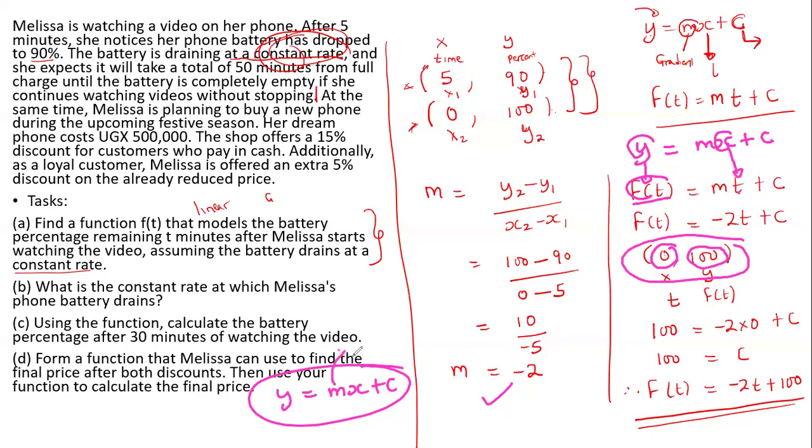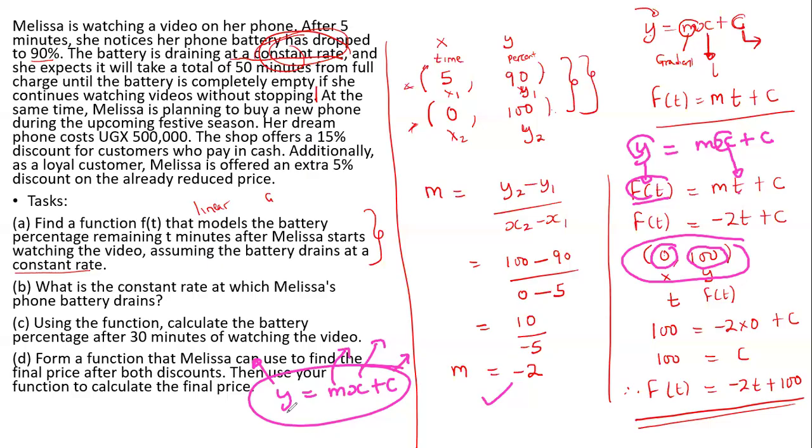We said m stands for the gradient, the rate at which something keeps on changing. x stands for the independent variable in simple terms. Then c is the constant, and y is the dependent variable.